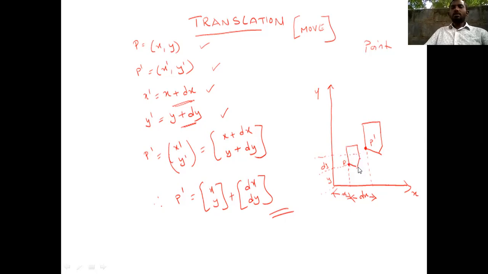We indicate the first position as p1. In the x direction it is x, in the y direction it is y. When this object moves from here to here, that is nothing but p1. We indicate p as the object. So the object moves from here to here, and that is why we call it p1.